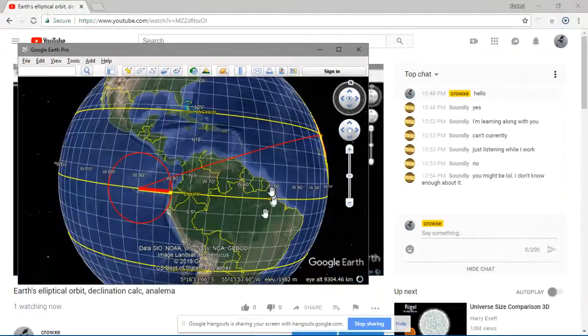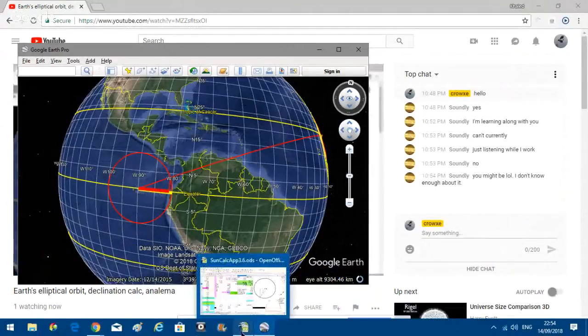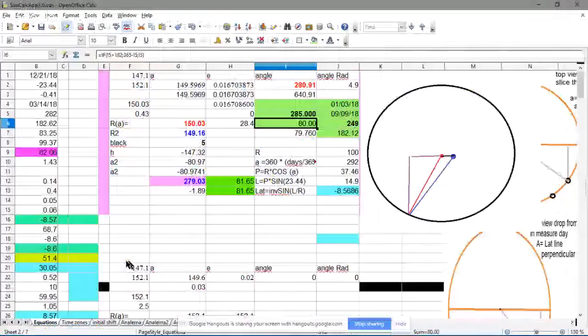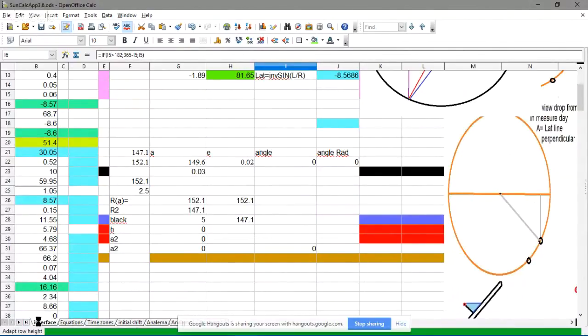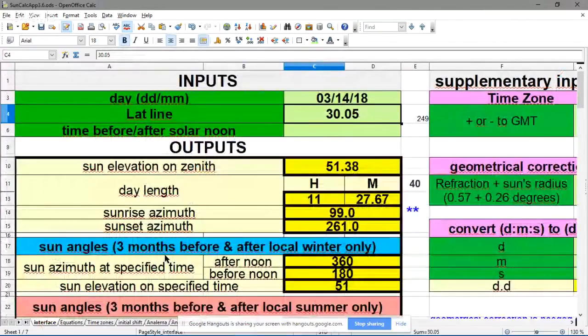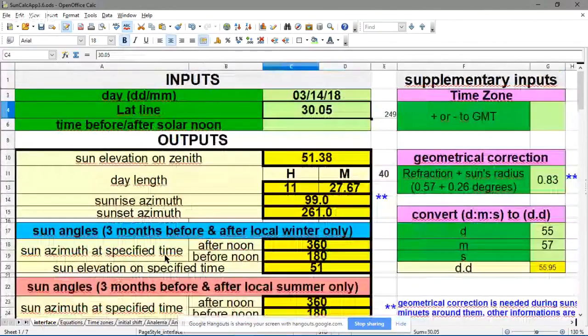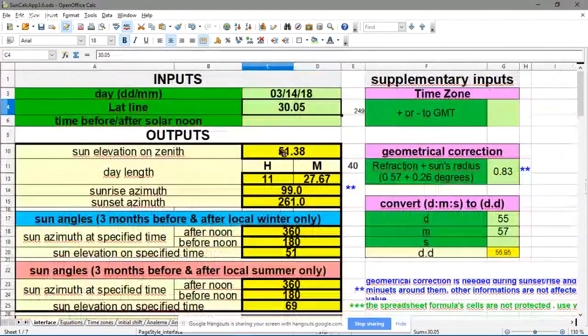This is my Sun calc application. When I first made this application, the starting point was the sun elevation during zenith, and I had to get it from time and date.